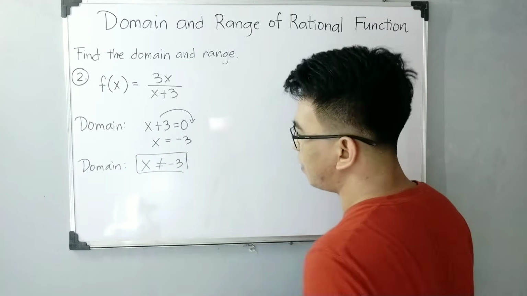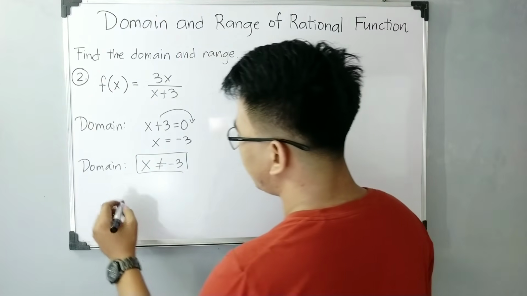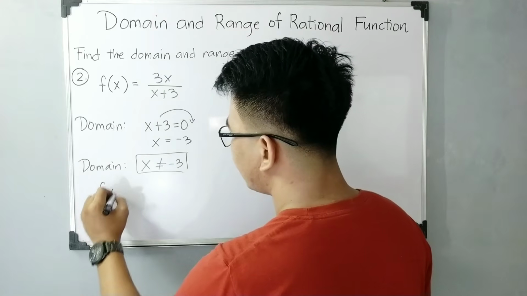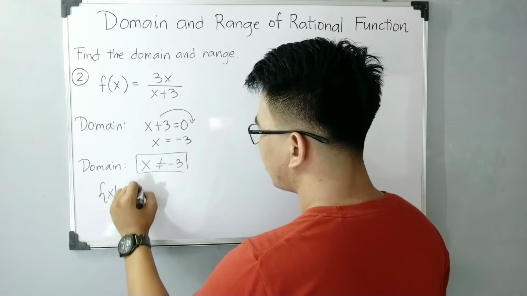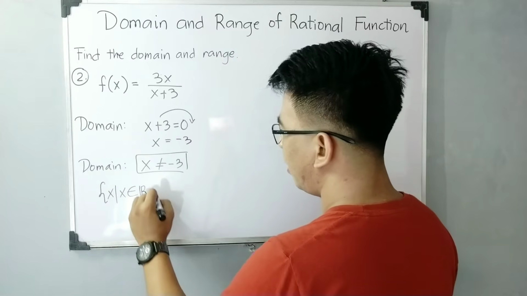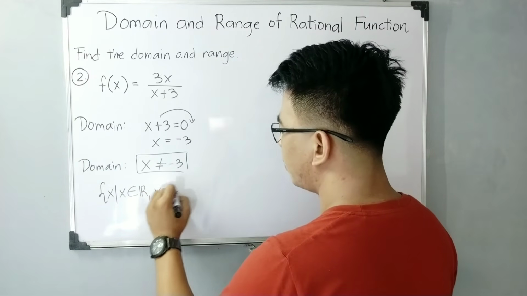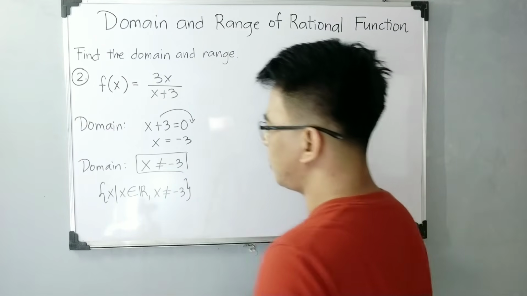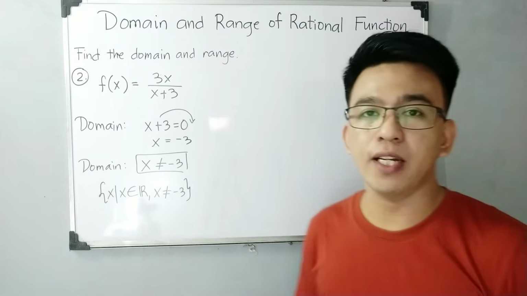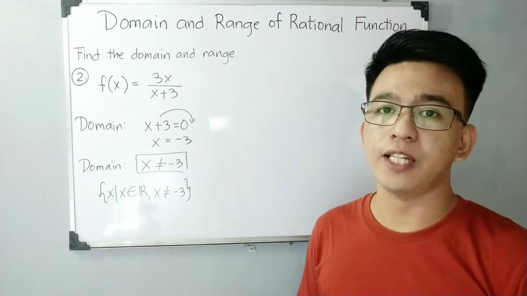And if you want a set builder notation, we have x such that x is an element of all real numbers wherein x is not equal to negative 3. Ito ni Miss Nel. Okay? So stop naman tayo dito kasi kayo na bahala gumawa ng inyong interval notation.